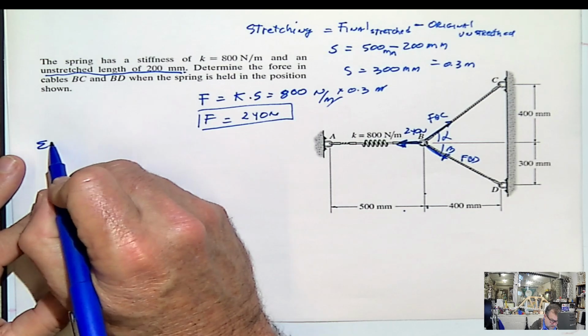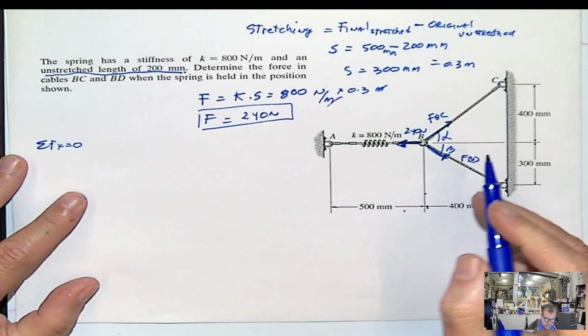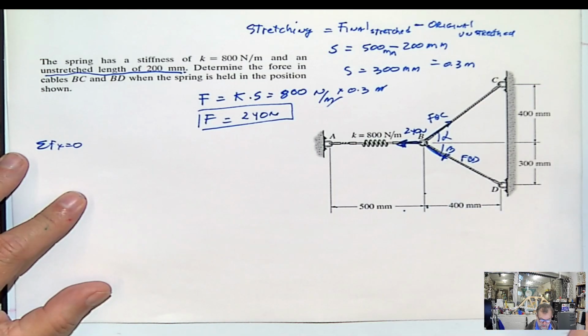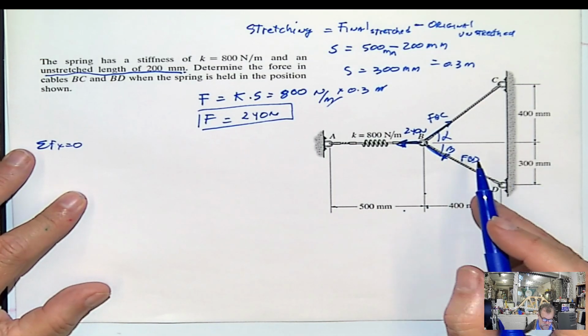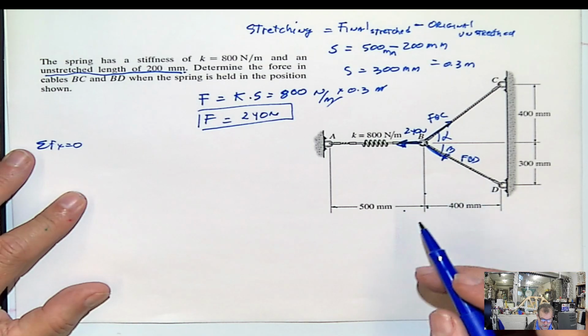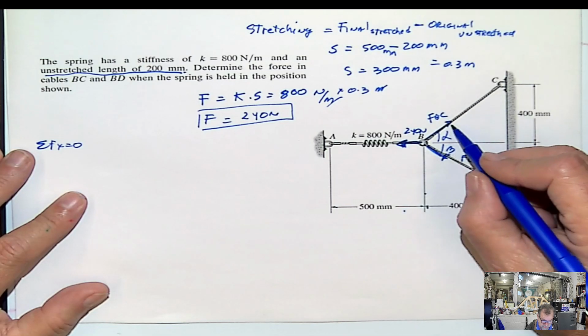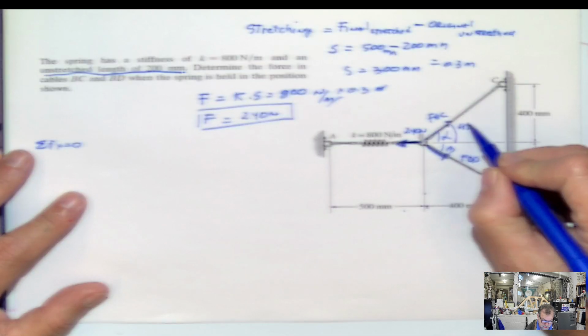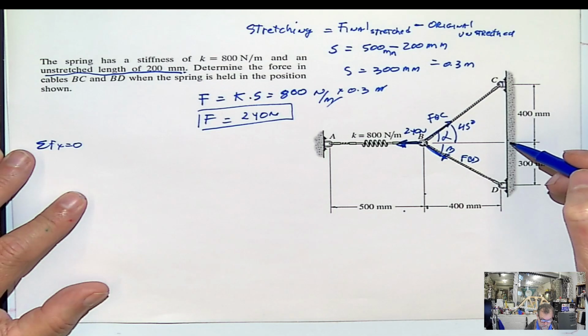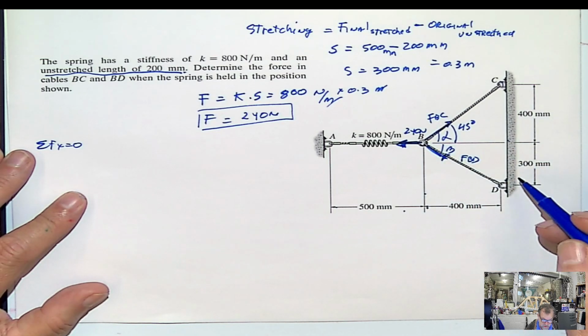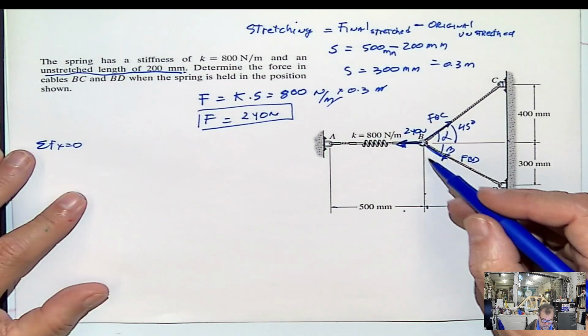Summation of forces in X equals 0. We're going to need alpha, we're going to need beta. So we can do sine, cosine, we can use 3, 4, 5 if you want to, because obviously this is 45 degrees. I don't even have to calculate it because it's inverse tangent of 400 divided by 400. And this will be 3, 4, 5.